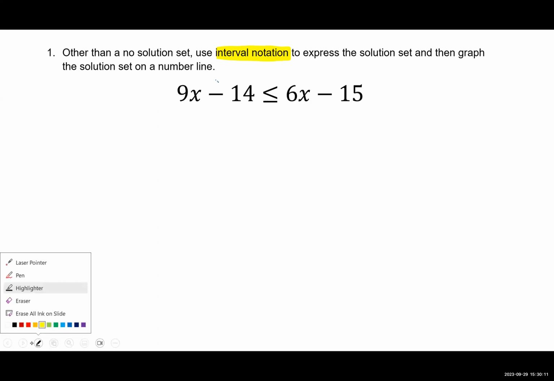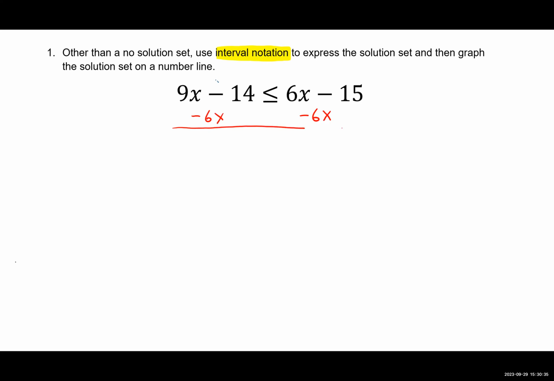So we want to get all of our x's to one side, a number on the other side, just like with equations. Okay, so we could start off by subtracting 6x from both sides.